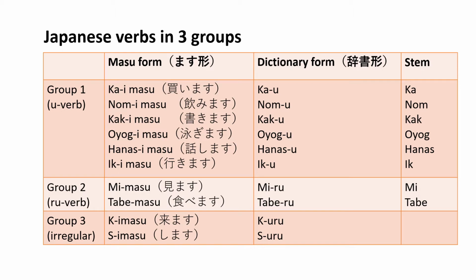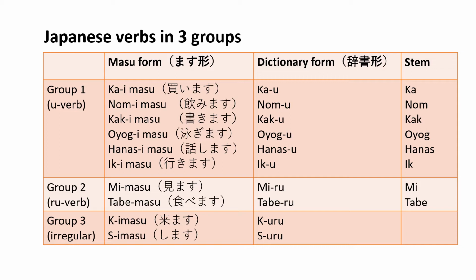So the dictionary form is the form which you can find in the dictionary, and you can consider it as infinitive form. The stem of kaimasu is actually ka, and to the stem you attach imasu and it becomes kaimasu, and you attach u after the stem and it becomes dictionary form.